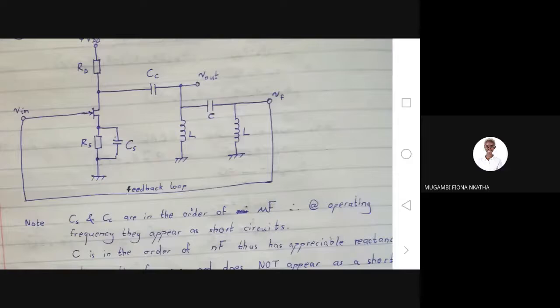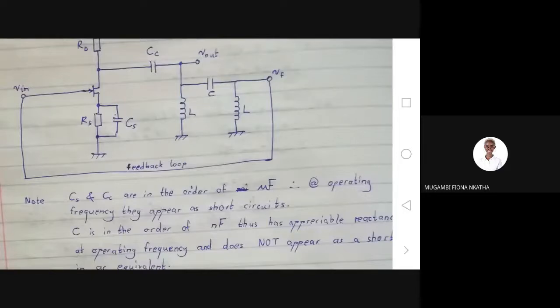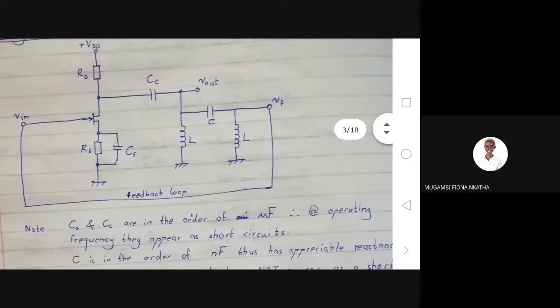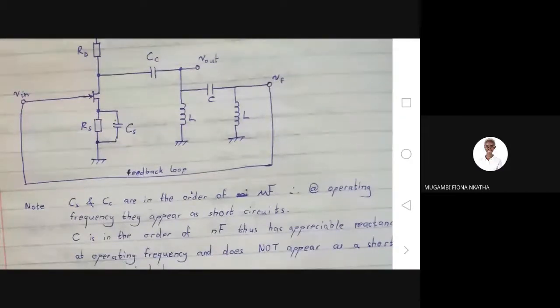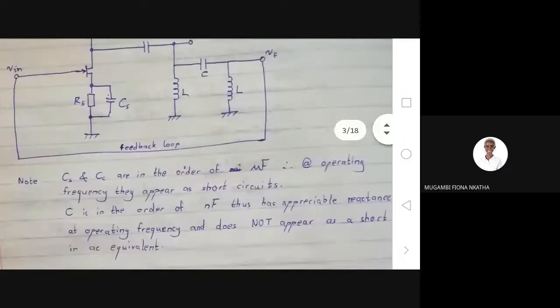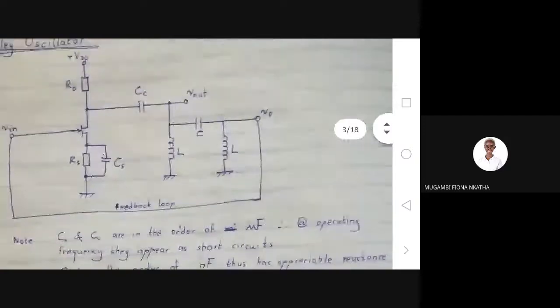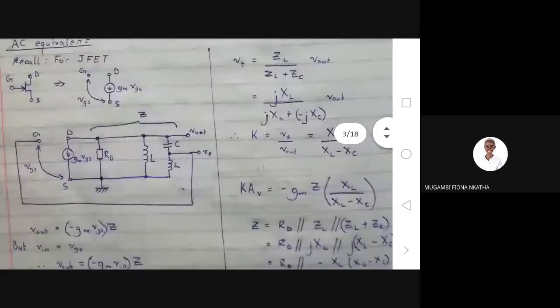The CS and CC, which are the ones that become shorts, are usually in the order of microfarads, so they appear as short circuits at the operating frequency. But the capacitance in the feedback network, that's C, is in the order of nanofarads, so it will have an extremely high reactance at the operating frequency, so it won't be a short circuit.